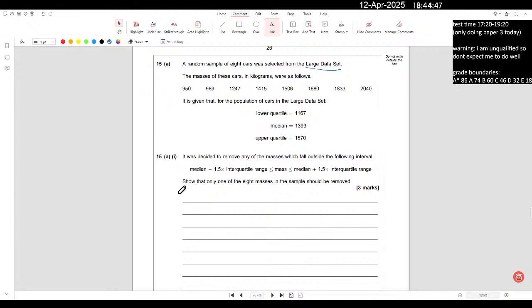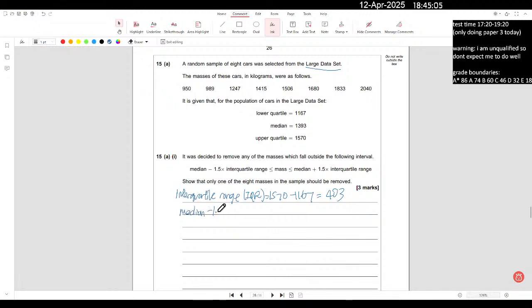Okay, so interquartile range, which we'll call IQR, is 1570 minus 1167, which is 403.